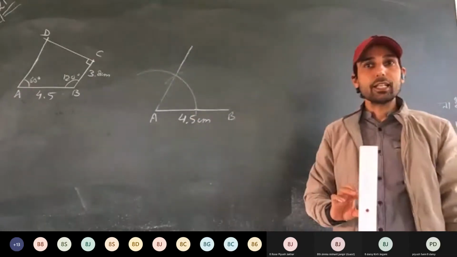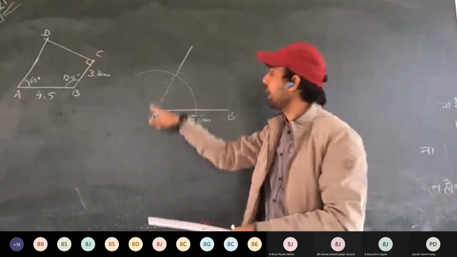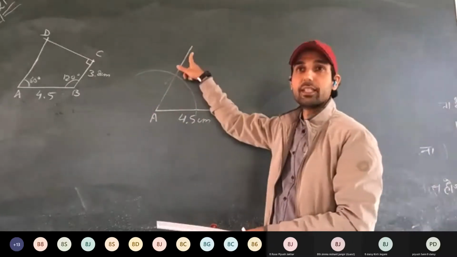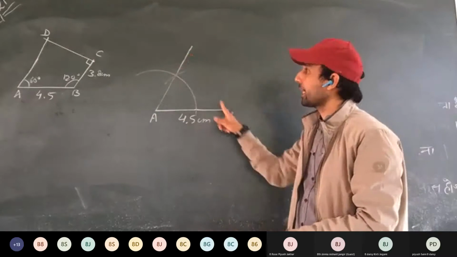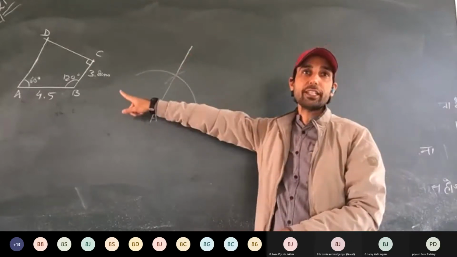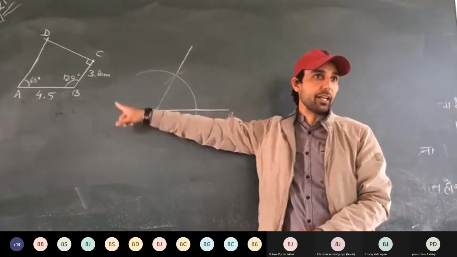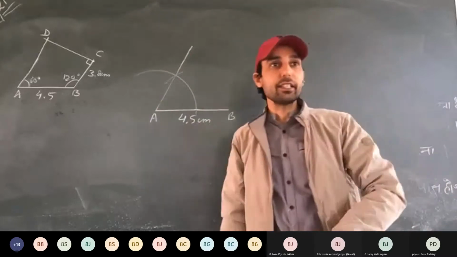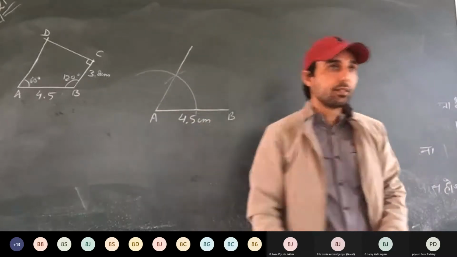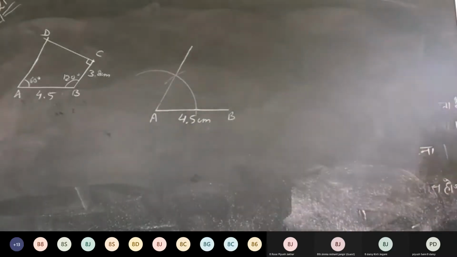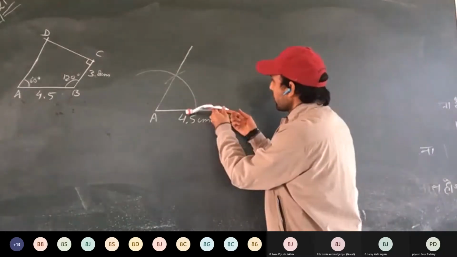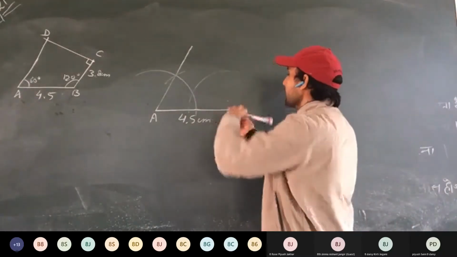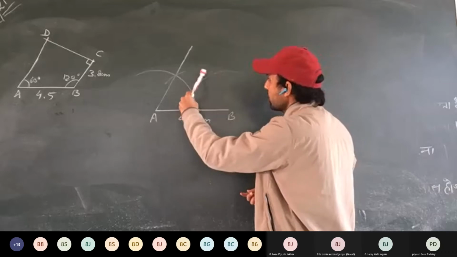Now draw the line. This is clear. So D will be lying somewhere on this line. At B, make an angle of 120 degrees. Make one arc with the same radius.